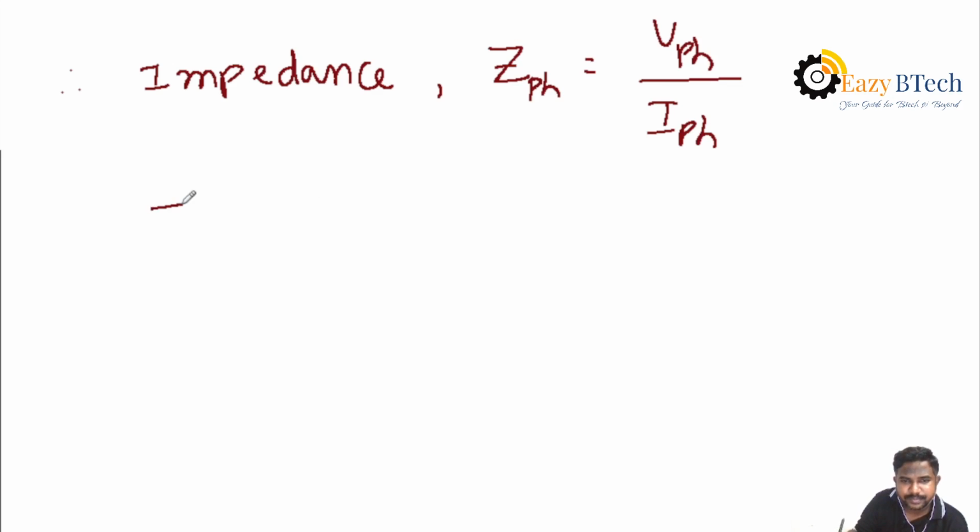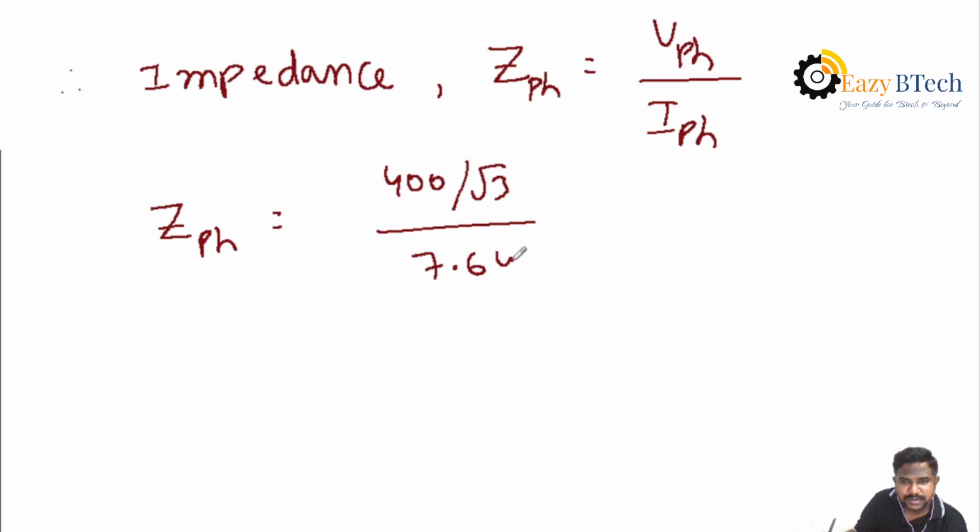So the VPH value is 400 by root 3, divided by the IPH value 7.64. Then we can find the total impedance is 30.24 ohms. So this is the total phase impedance in the three-phase star connected system.